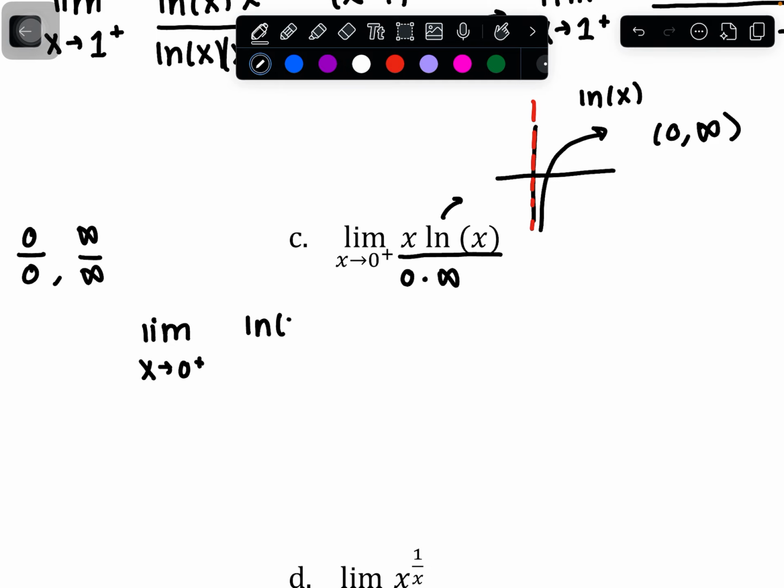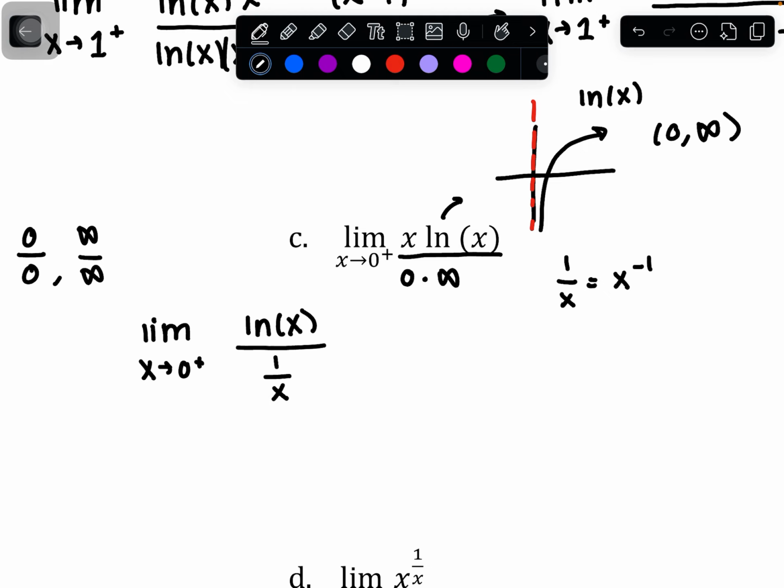If I keep ln in the numerator and I want to make this a fraction, I can put x in the denominator as long as I do this, right? Because 1 over x is the same thing as x to the negative 1.